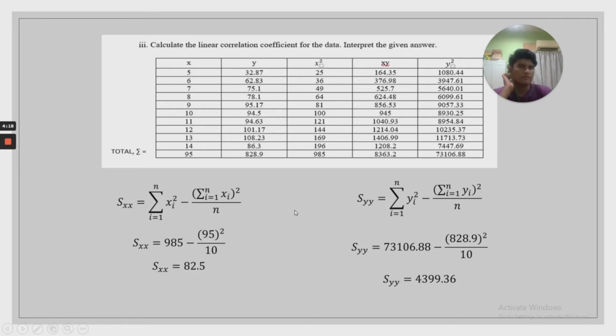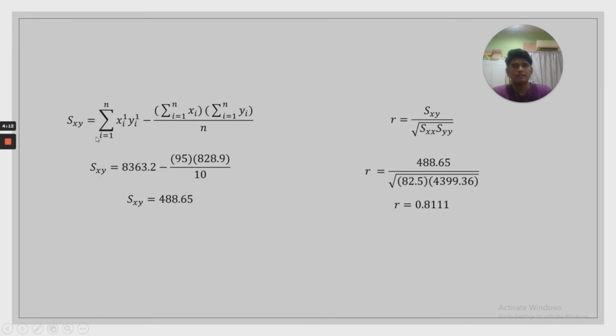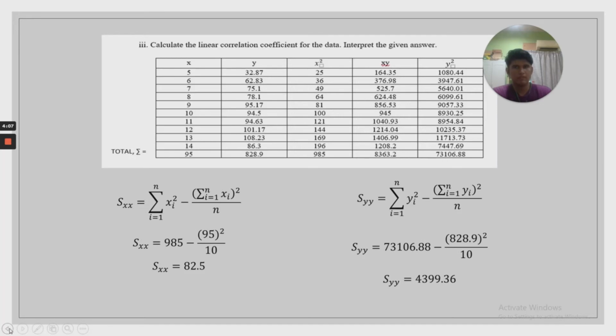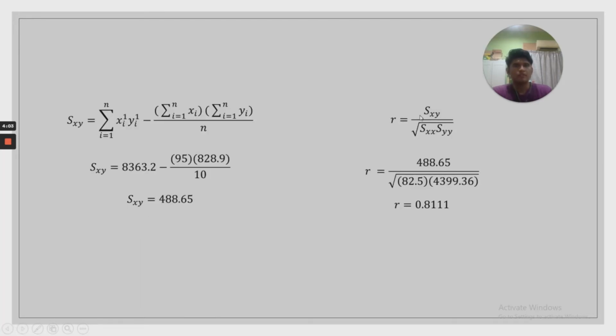In this question you need to find Sxx, Syy, and Sxy. The formula for the correlation coefficient is Sxy divided by the square root of Sxx multiplied by Syy.